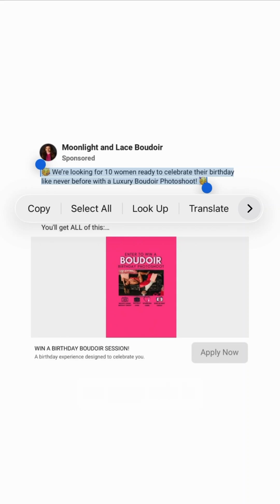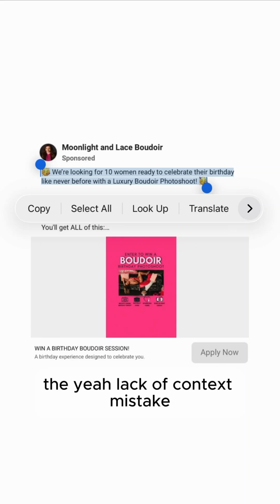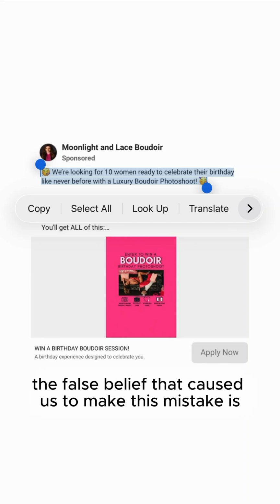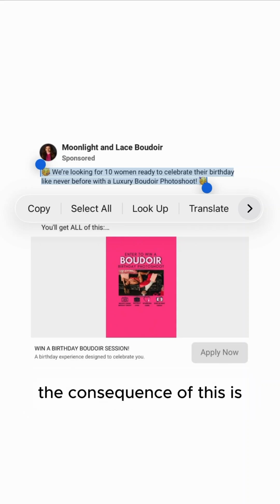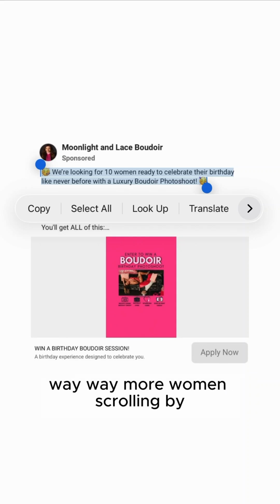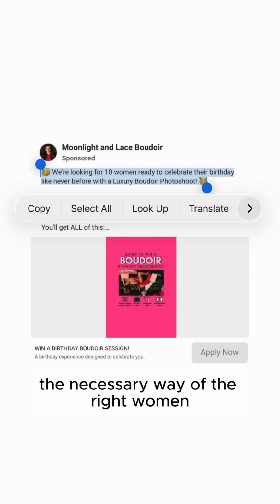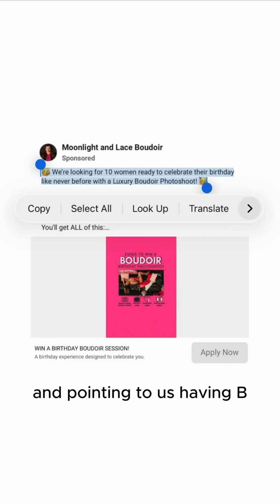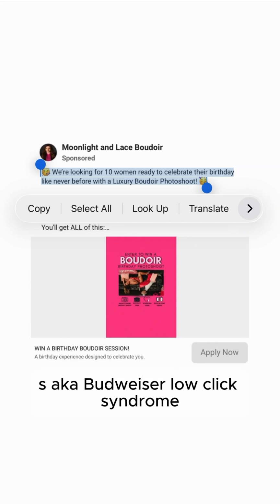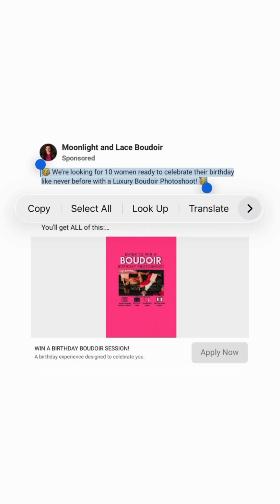This is the lack of context mistake. The false belief that caused us to make this mistake is we believe we provide enough context. The consequence of this is we have way more women scrolling by than necessary, way more of the right women, pulling our unique CTR all down and pointing to us having BLCS, aka Boudoir low click syndrome, increasing that probability.